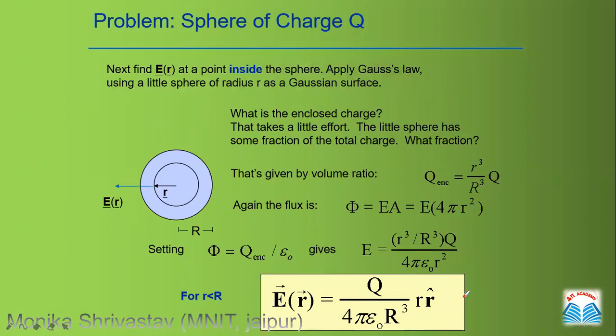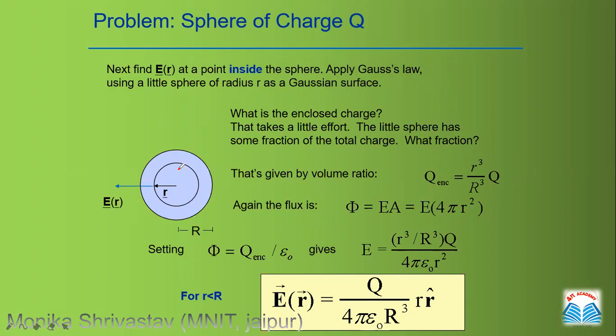For the inner sphere, we will use a volume ratio to find Q enclosed, because that Q, capital Q, was inside the whole sphere, and we are now considering a small part of that bigger sphere.